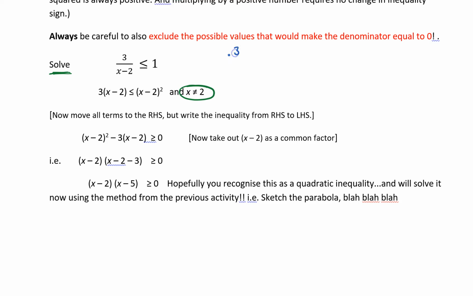The additional line of working would have been 3 over x minus 2 times x minus 2 all squared less than or equal to 1 times x minus 2 all squared. You might then show this one and this one go, and you would then end up with your 3 bracket x minus 2 less than or equal to x minus 2 all squared.